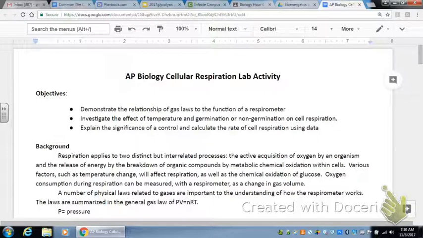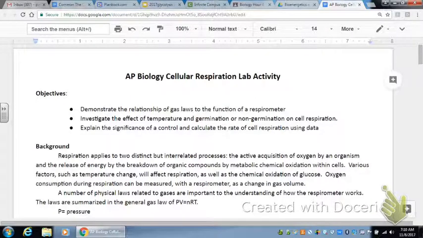Hello, the purpose of this video is to help you get prepared for the cellular respiration lab that you're going to be making inquiry this year. In order to do that, I need to tell you the basic structure of what would be done with a respirometer so that you understand how a respirometer works.